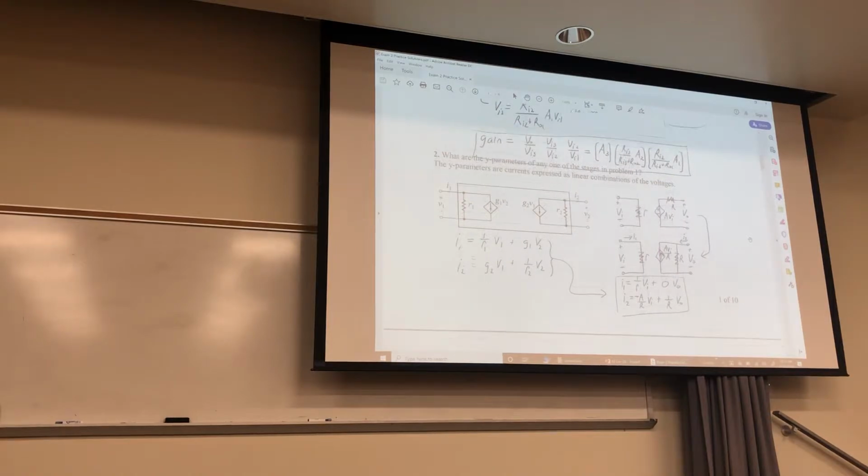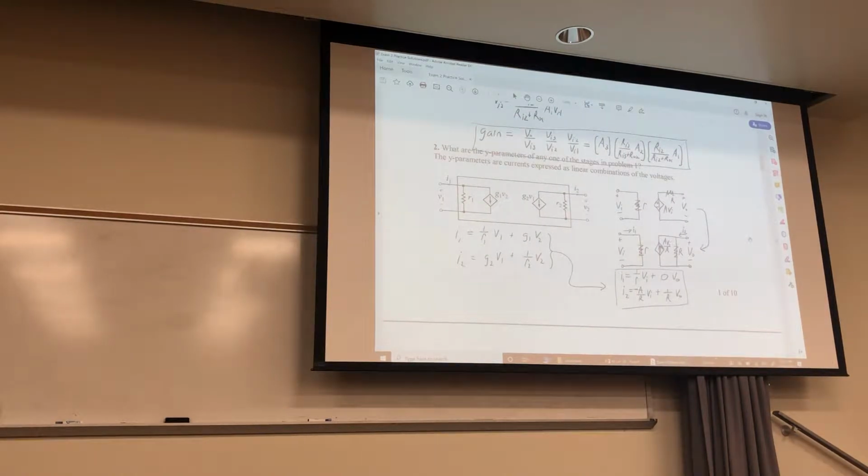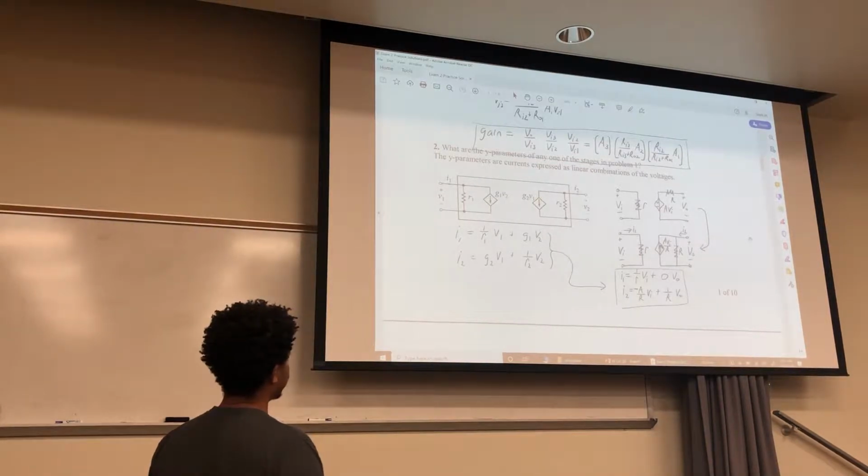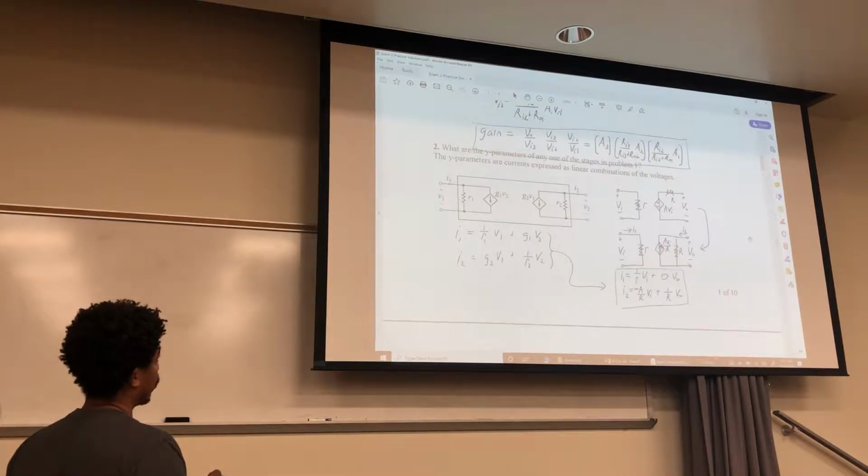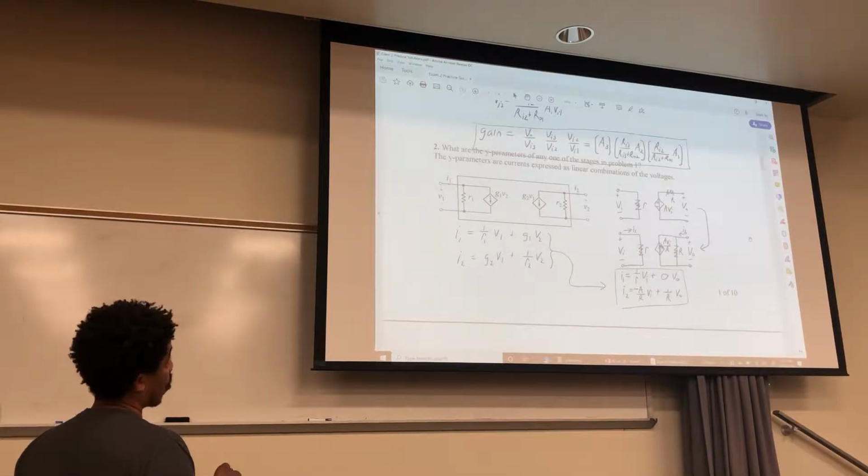Okay, so what about number 2? Any questions about that? Do you see how these are just the y parameters? And the y parameters are just from KCL, and they're in terms of the outside things, the things you control from the outside and sense from the outside.